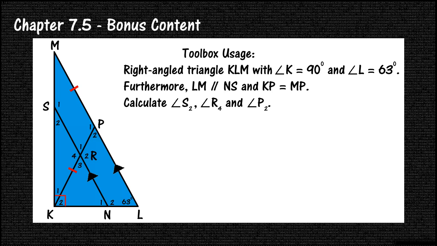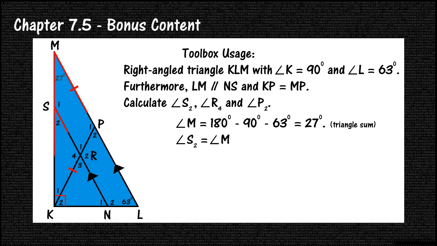I like to start with the triangle sum, so I can calculate the size of angle M, which is 27 degrees. I then found this corresponding angle pair, so I know that S2 is equal to M. So angle S2 is also 27 degrees. Angle R4 can be found in triangle KRS, and I already know S2.